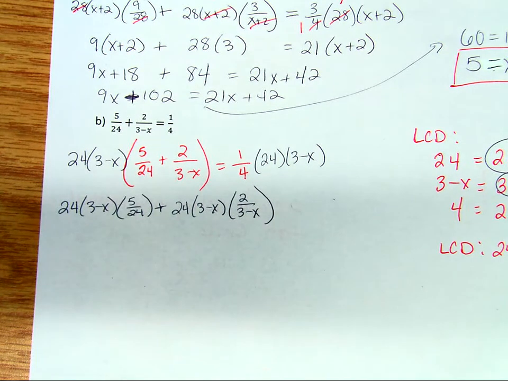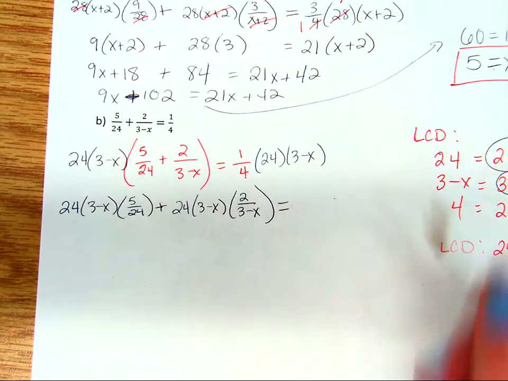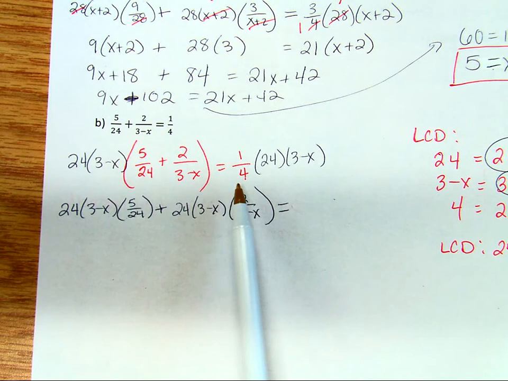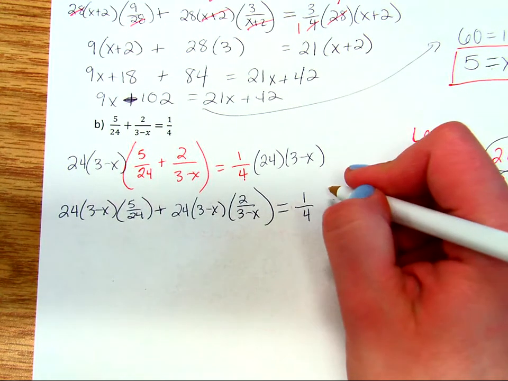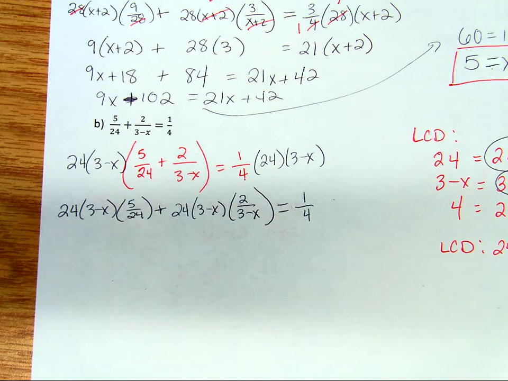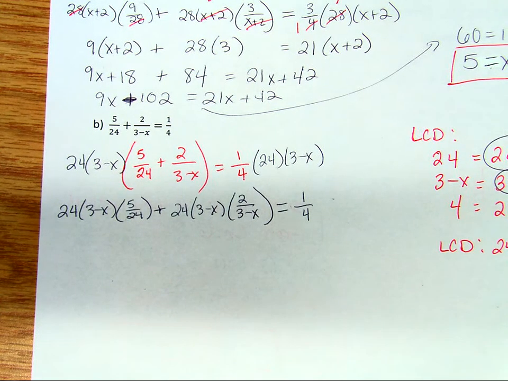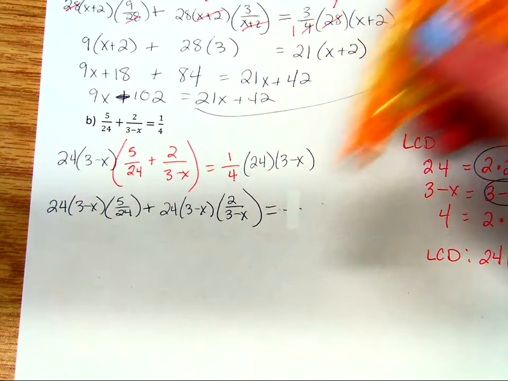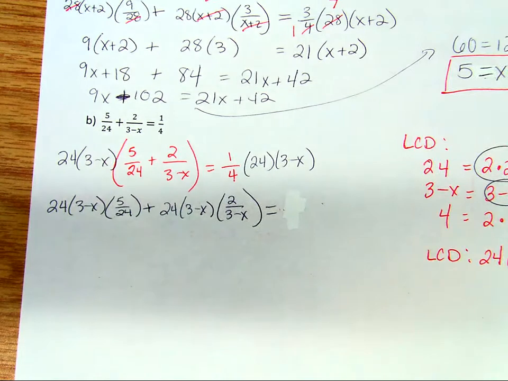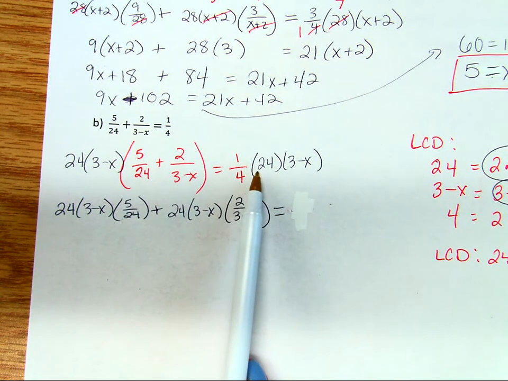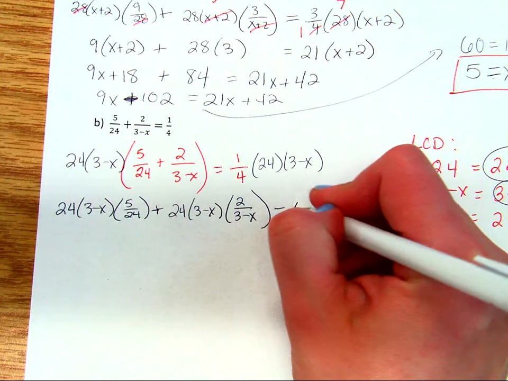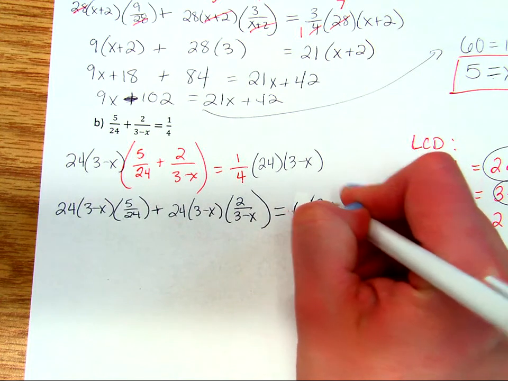Okay, distributive property equals. You know what I see right off the bat that I can do? I can multiply 1/4 times 24, and that's going to simplify the process a bit. 1/4 times 24 is 6. So now I've got 6 times 3 minus x.